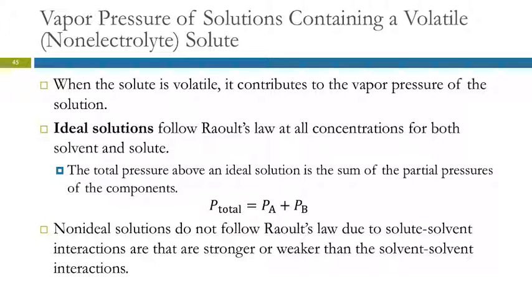And in that case, the total pressure is equal to the pressure of A plus the pressure of B. But you can also get non-ideal solutions. And these don't follow Raoult's law, either because the solute-solvent interactions are very strong or they're very weak compared to the solvent-solvent interactions.